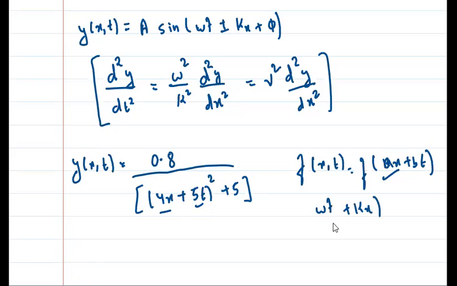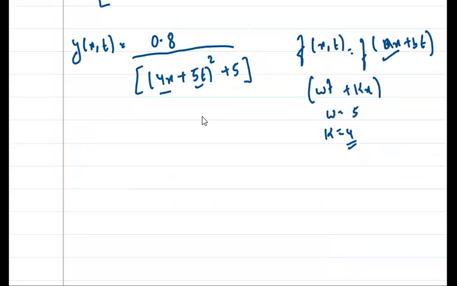So here, what is omega? Just replace: omega is equal to 5 and k is equal to 4, yes or no? You should know this much; I haven't asked the question yet. I'm just trying to tell you: can you find the parameters from this expression?